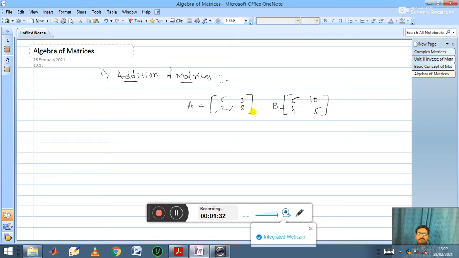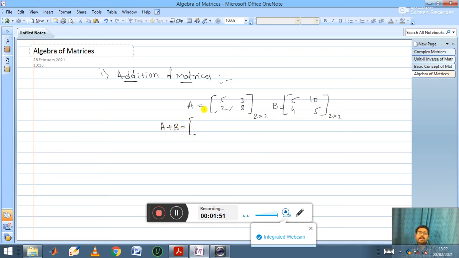The first matrix is of order 2 cross 2, and the second matrix B is also of order 2 cross 2. Then we can add these two matrices. Addition of two matrices is denoted by A plus B.